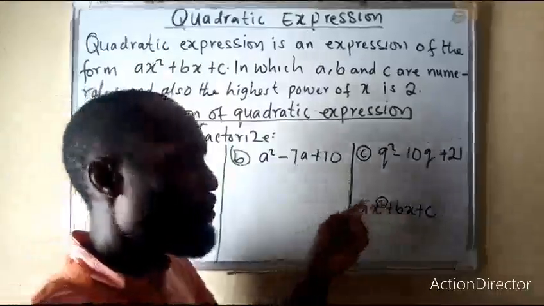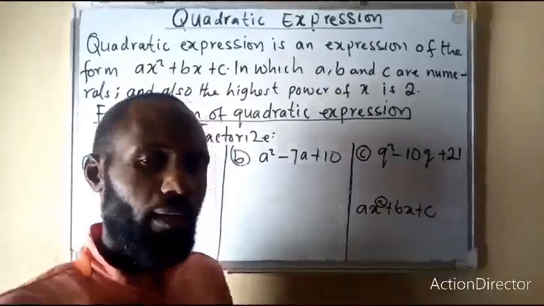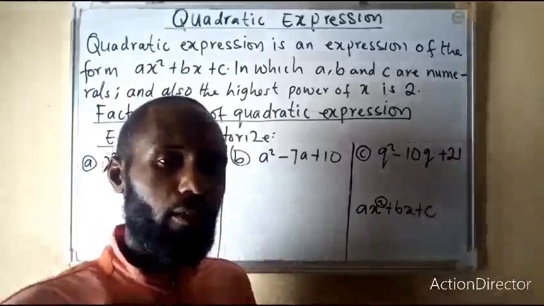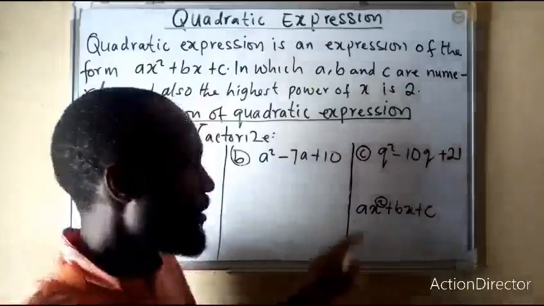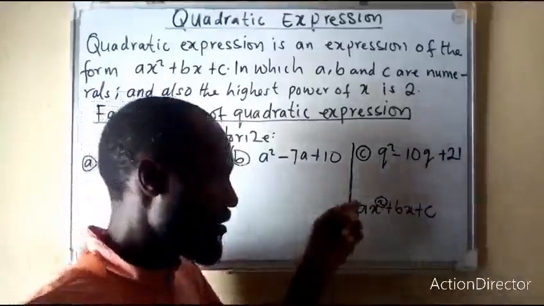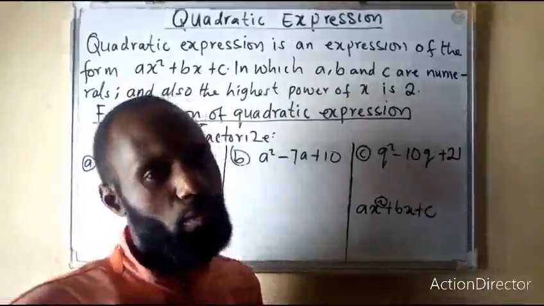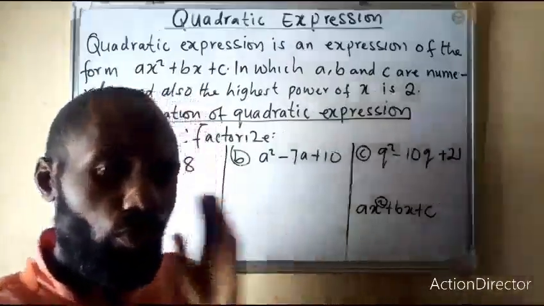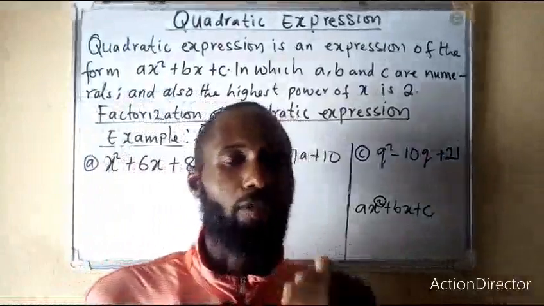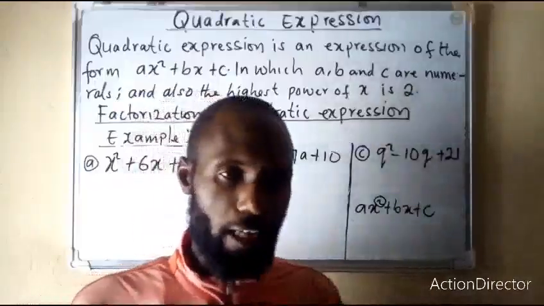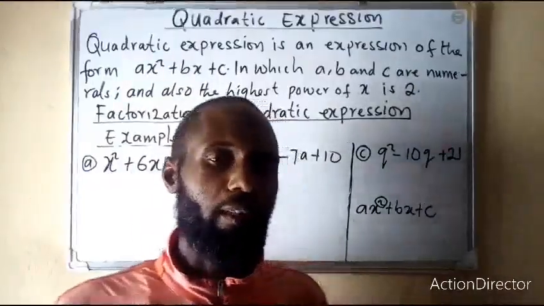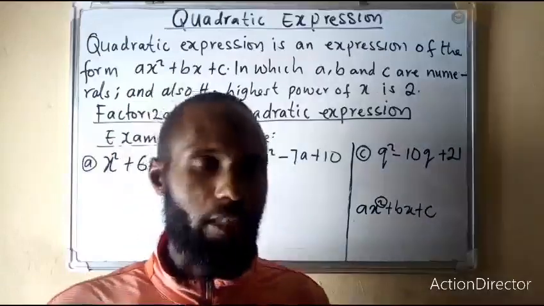And the highest power, which is 2, can neither be negative nor a fraction. So today we are going to look at how to factorize quadratic expression, meaning factorization of quadratic expression.